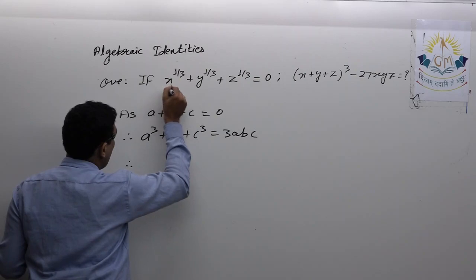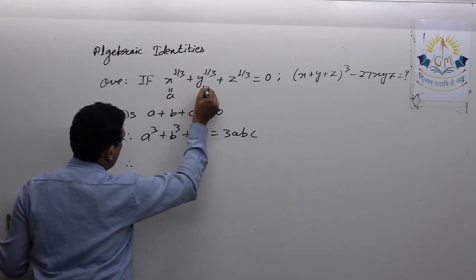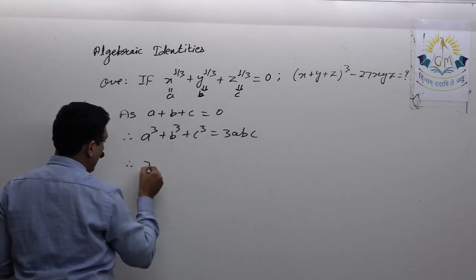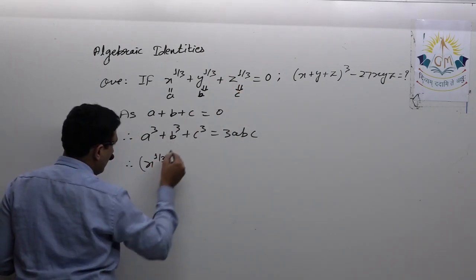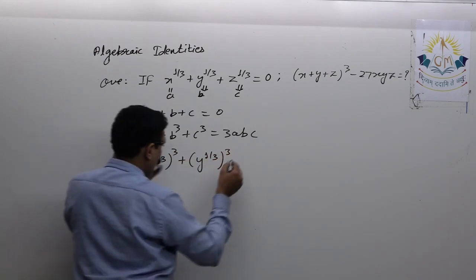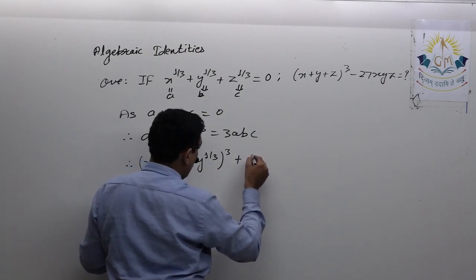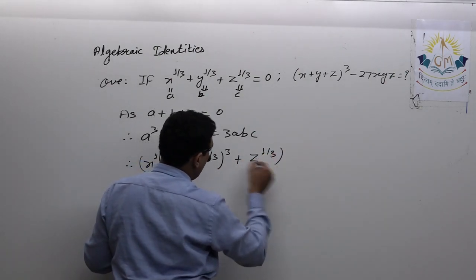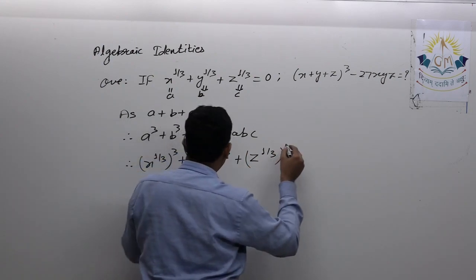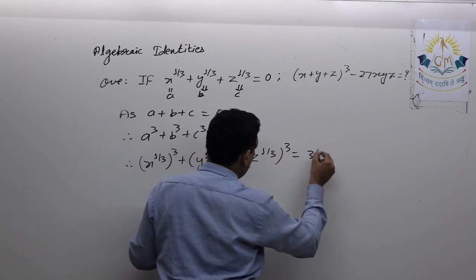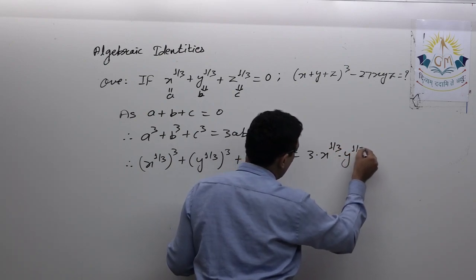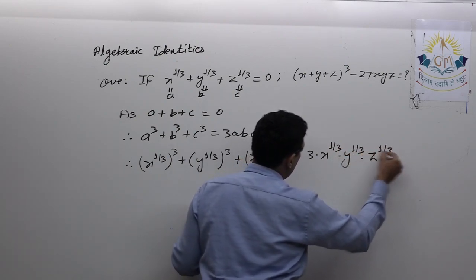Now here I am considering this as a, this as b, and this as c. So x raised to 1 by 3 whole cubed plus y raised to 1 by 3 whole cubed plus z raised to 1 by 3 whole cubed is equal to 3 into x raised to 1 by 3 into y raised to 1 by 3 into z raised to 1 by 3.